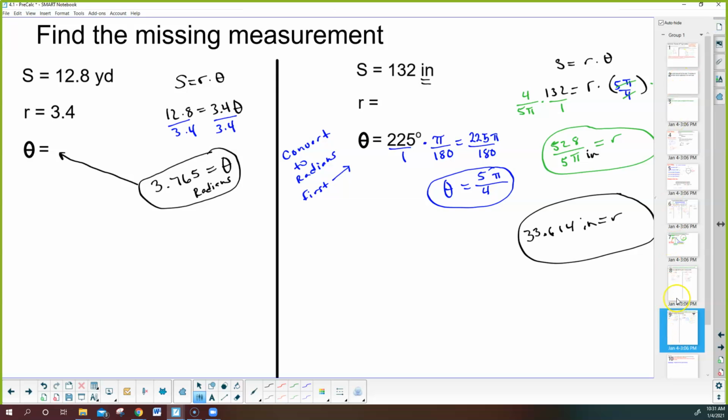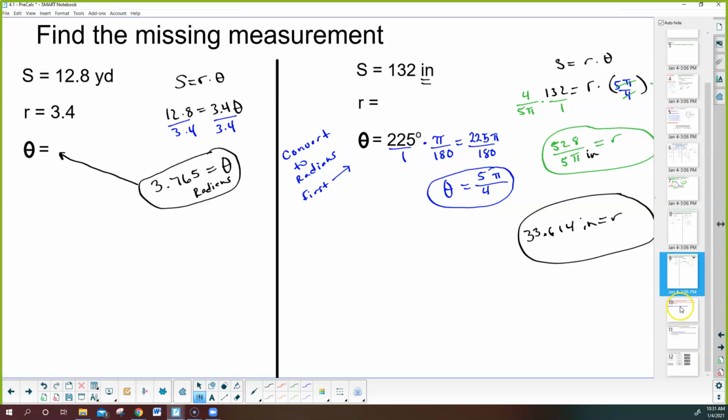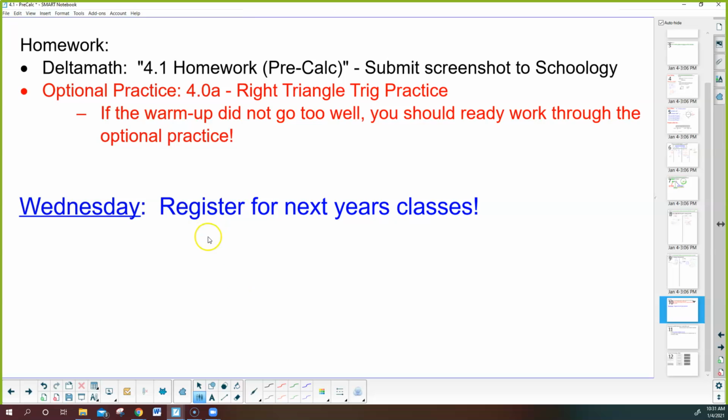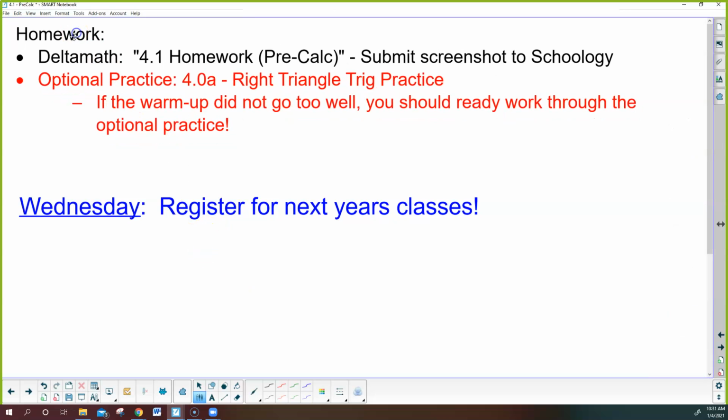So here's what we got. Please do not log off yet. I want to make sure everybody understands what's going on. So homework tonight, when you open it up, you're going to see 4.1. That's the homework for tonight. Do it, submit a screenshot to Schoology. The warm-up we did was 2 problems based off of trigonometry. And if you look in Delta Math, there's an optional practice 4.0a.